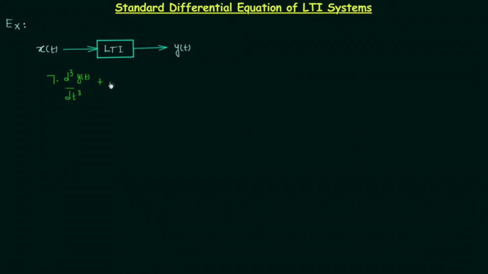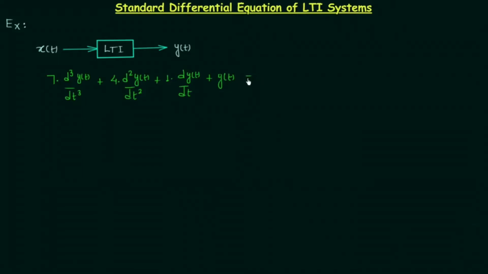Then the second term is 4 times the second derivative of output y(t). After this we have 1 times the first derivative of output y(t), dy(t)/dt. After this we have the output y(t) itself. So we are done with the left hand side of the equation.